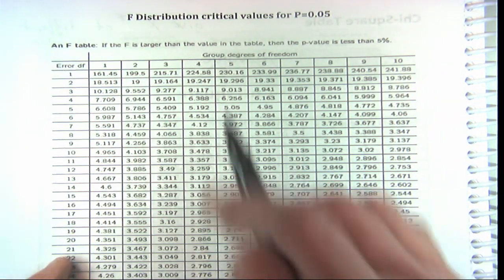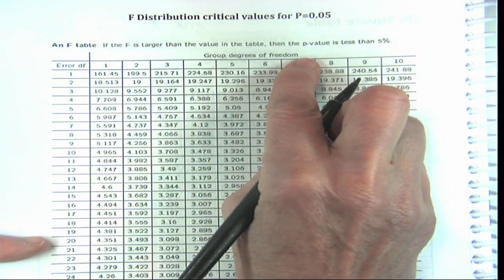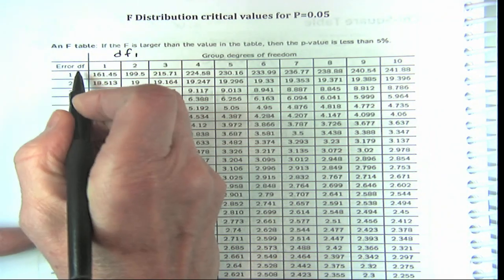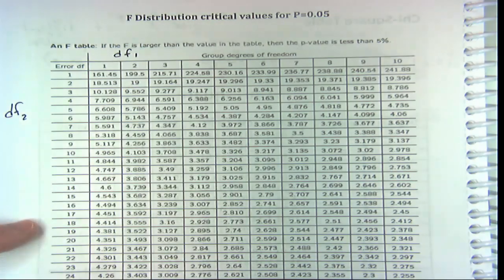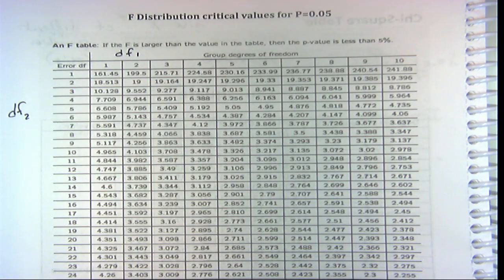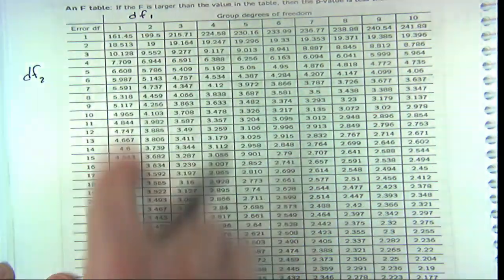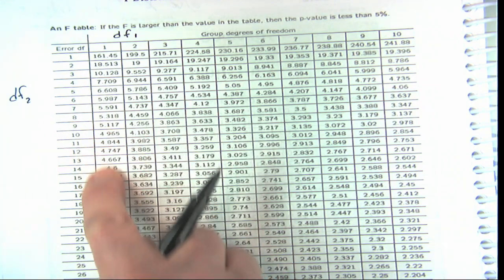The degrees of freedom in the numerator is the group degrees of freedom, so this is degrees of freedom 1, and here's our error degrees of freedom, the degrees of freedom in the denominator, 2. We have 1 degree of freedom here, so we're in this column. For simple regression with one slope, we're in this column.